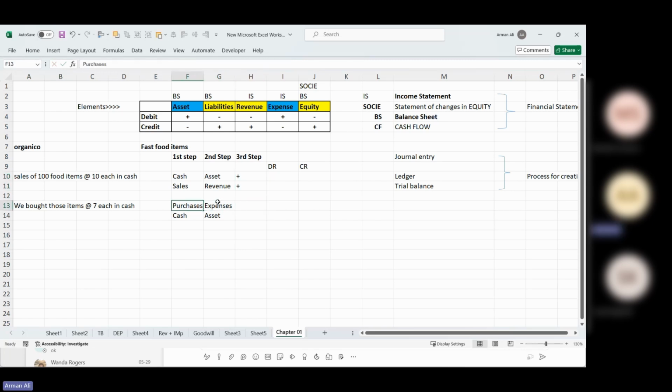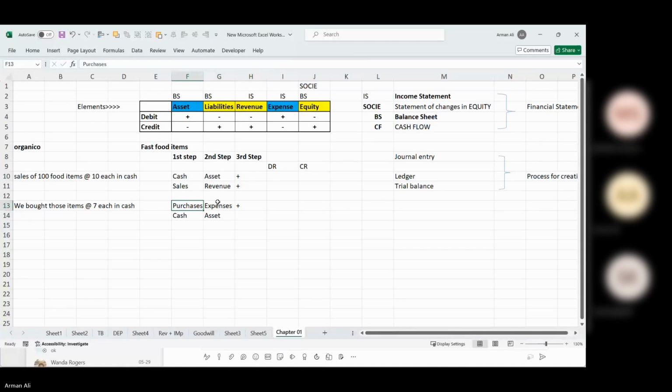And in the second example, we're purchasing something, which is our expense. So are our purchases increasing or decreasing? What do you say, Michelle? Increasing. Exactly. And what is happening to the cash when we are purchasing?